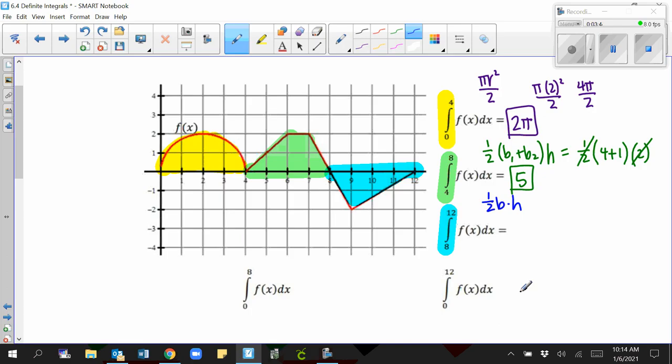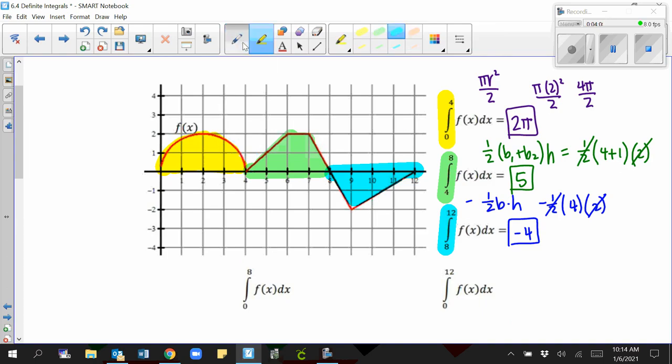So for this one, it's actually going to be negative because it's in that bottom half of our graph. So I'm going to have a negative 1/2 times my base, which is 1, 2, 3, 4, times my height, which is 2. The 1/2 and 2 cancel out, so it's just a negative 4.